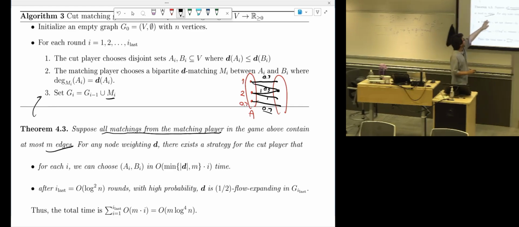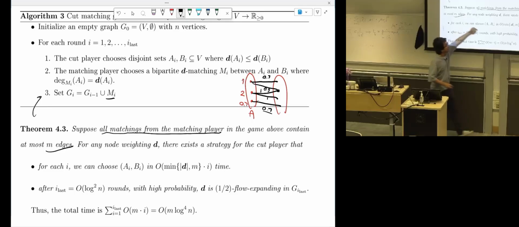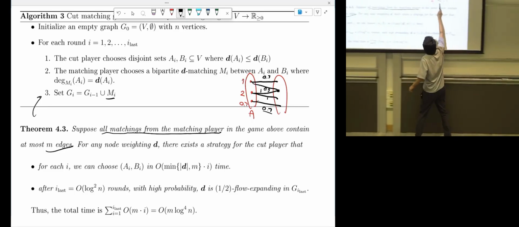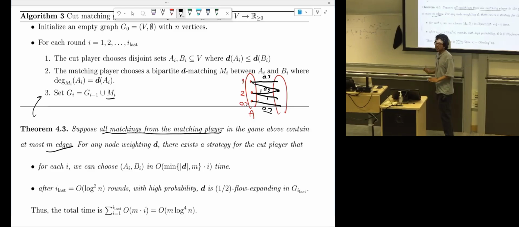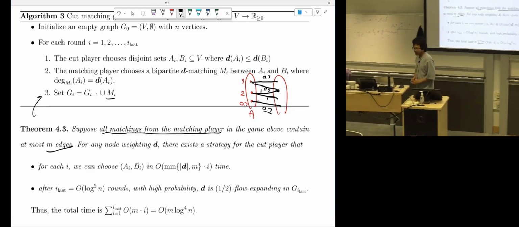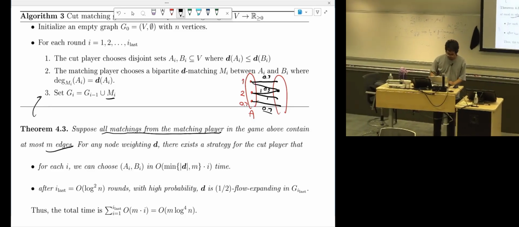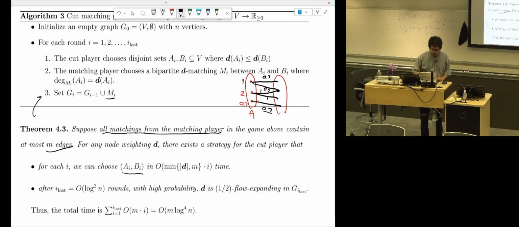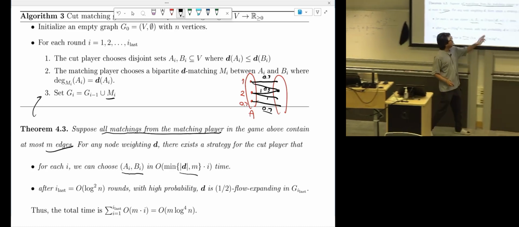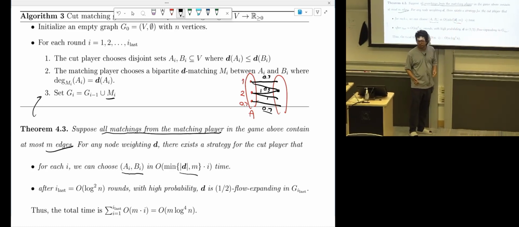These edges can be capacitated, right? Here it can have fractional value. But if it has only M edges, then we can say that the cut player can choose A_i and B_i in time M times i.